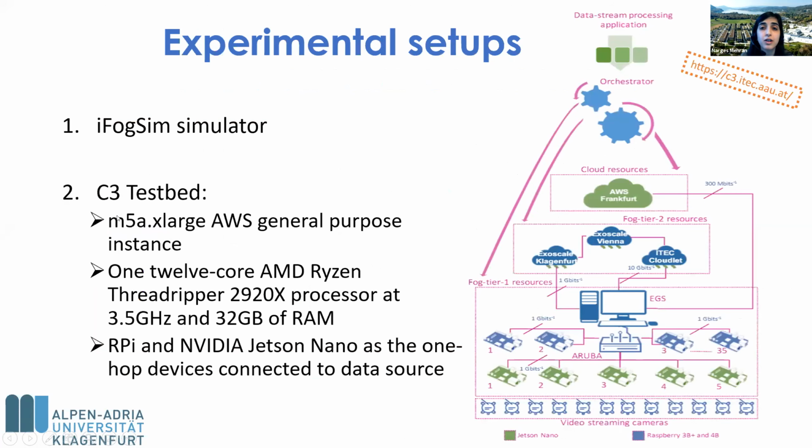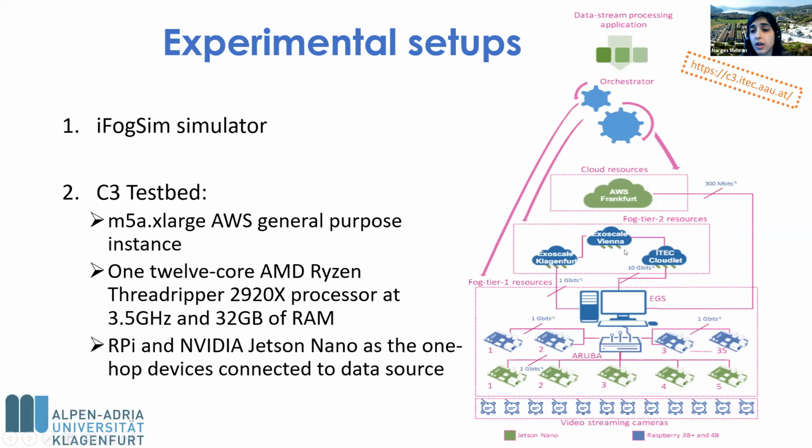For the experimental setup, we have considered both simulation evaluation, which we did in the iFogSim simulator, and also a testbed, for which we designed this Corinthian computing continuum. For that, I would like to ask you to refer to this website.